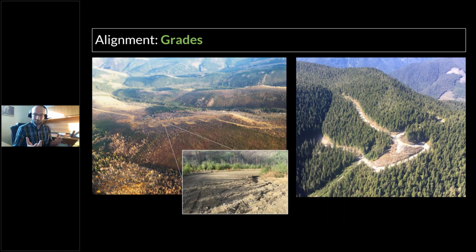So if we're talking about runoff that's just on your road surface, well, a steeper road is going to move water quicker. It could be on the road surface or it could be in the ditch. And the faster the water is moving, the more erosion potential it has. Now, on steep grades, it's common to surface your road with coarser material for traction, but it also helps reduce washouts.